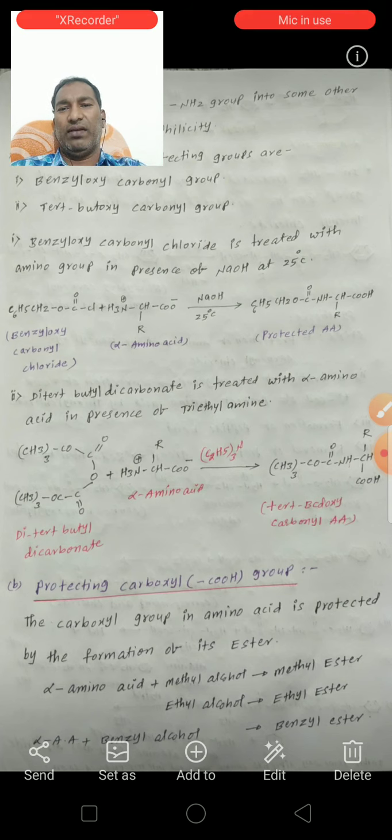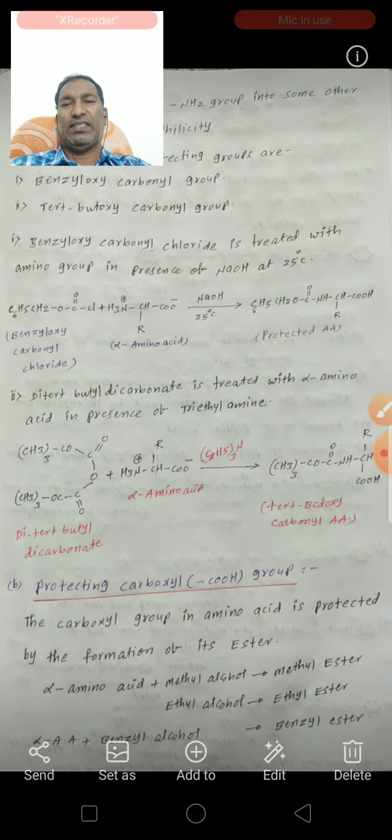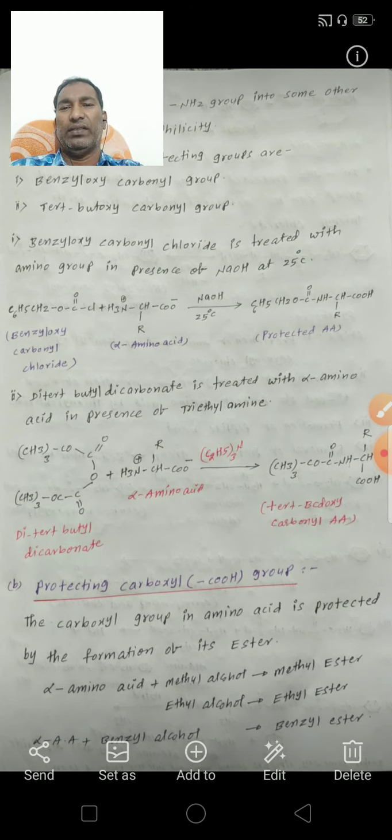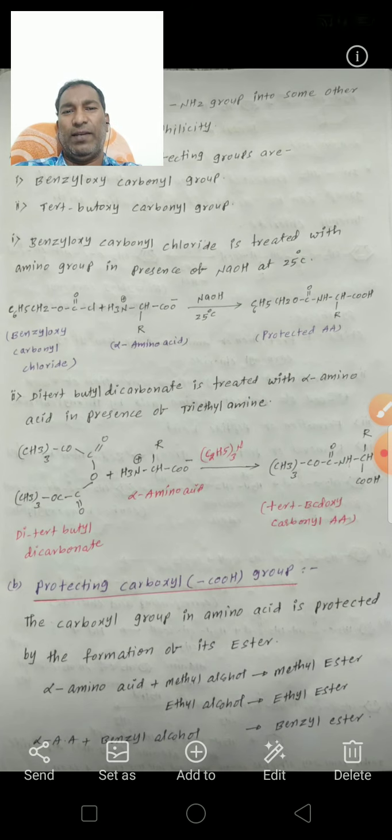See here, the formula of benzyloxycarbonyl chloride is C6H5CH2O-C double bond O-Cl. It reacts with the alpha amino acid in presence of sodium hydroxide at 25 degrees centigrade. By removal of HCl, it reacts with the NH2 group.